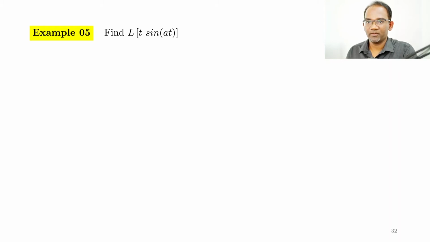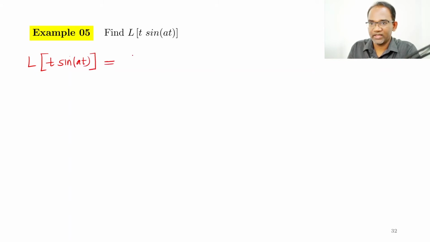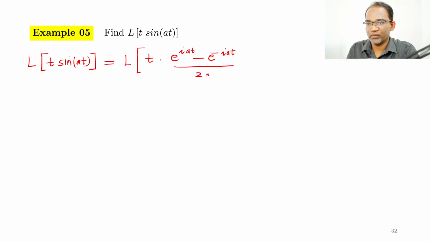Now example number 5. Find the Laplace transform of t sine at. We have the Laplace transform of t sine at as equal to the Laplace transform of t times sine at, and we'll write sine at as e raised to iat minus e raised to minus iat over 2i.